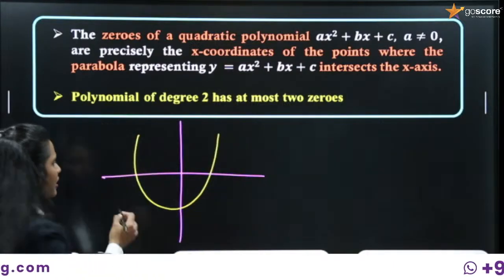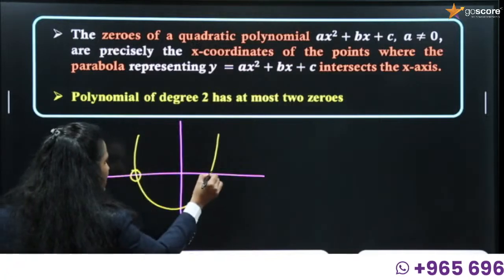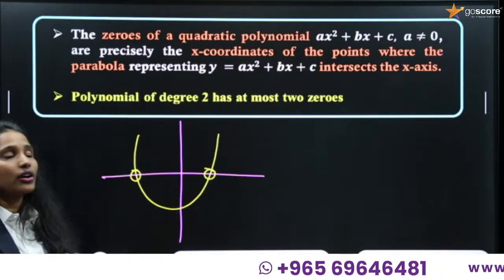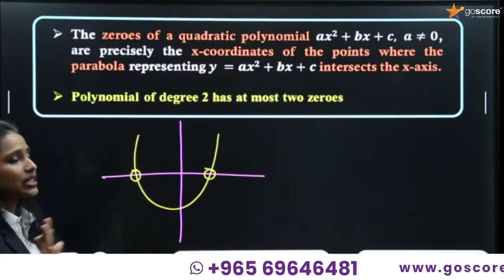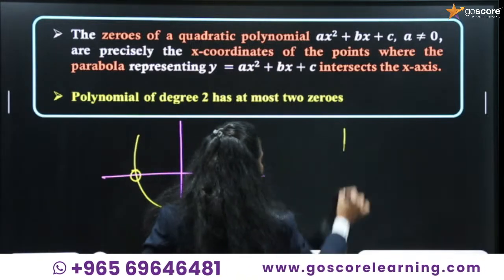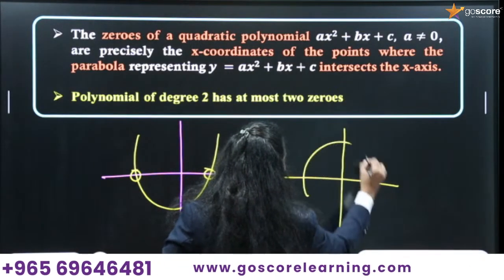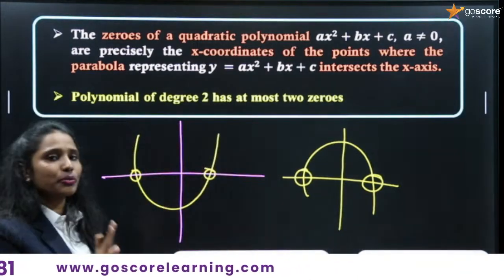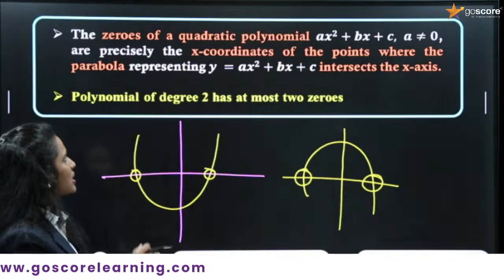The x-coordinates of these points will be the zeros of the given quadratic polynomial. If it is downwards, the x-coordinates of those 2 points will be its zeros.